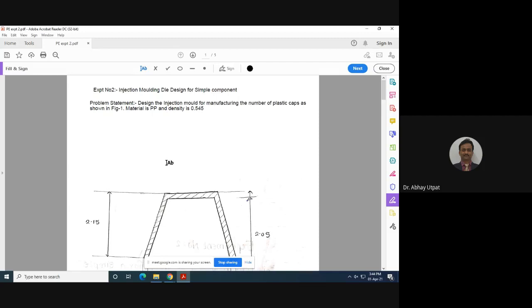If you send it to scrap, it may be less than 1 rupee also. That's why material cost is less here, because of the lightness of the product. But for making that component, you have to design the die, and the design of the die is the costliest aspect of manufacturing any component.